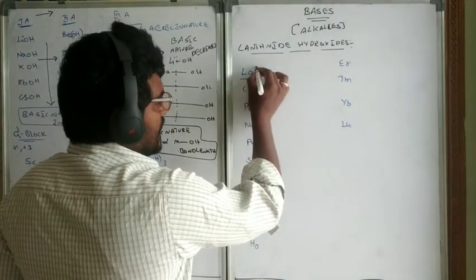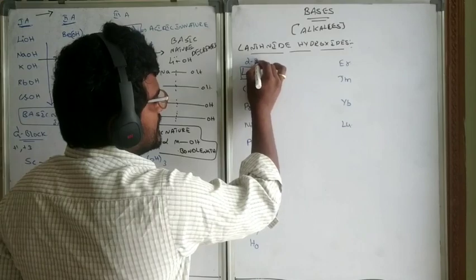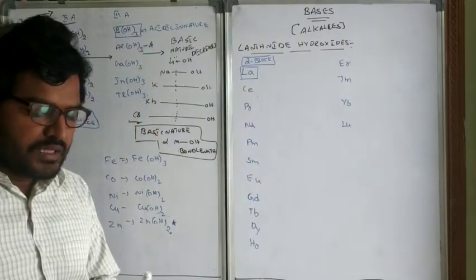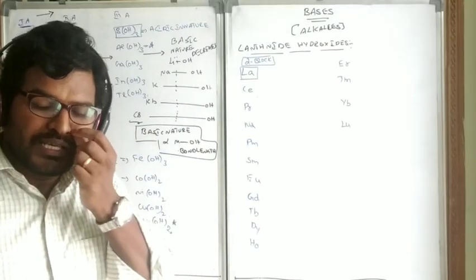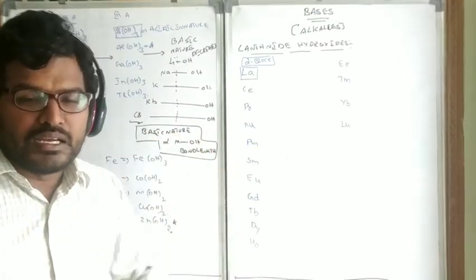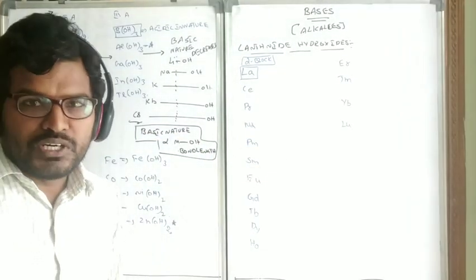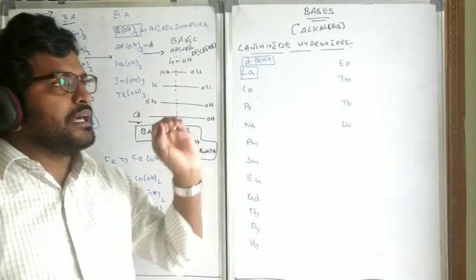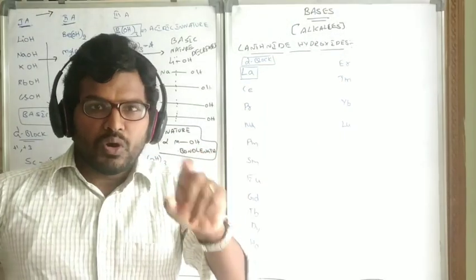See, lanthanum is a D block element. Remember this very carefully. This is a very important JEE Mains and NEET question, and in the state eligibility entrance test exams also. So lanthanum belongs to the D block or F block?